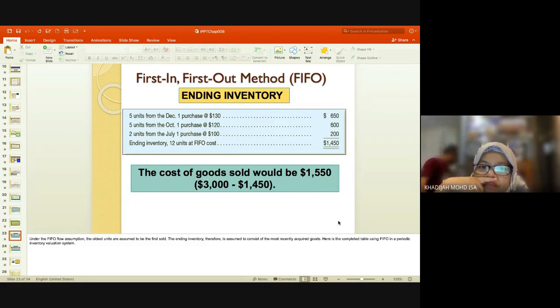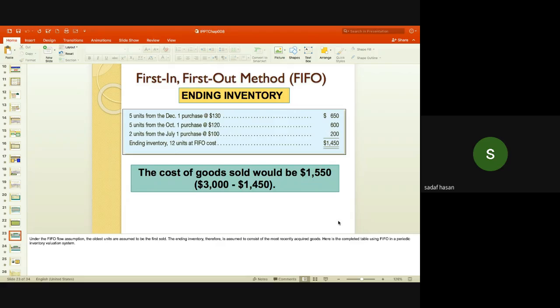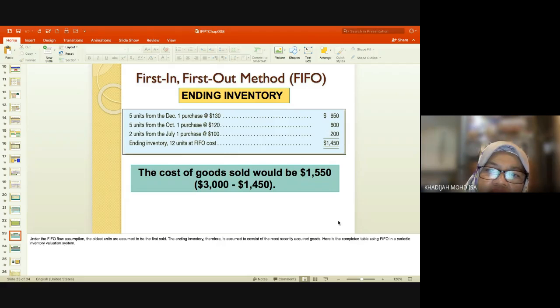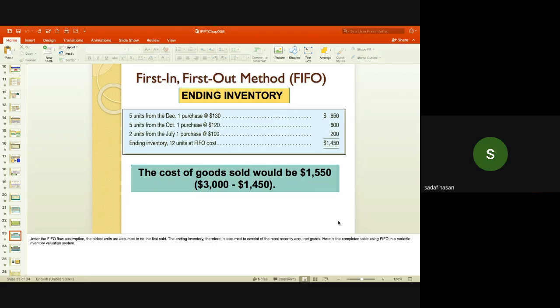So ending inventory is 1450. So what do you call this? 650, 600 and 200. All this is your closing stock. How do you know this amount? Because under periodic, you have to stock take.